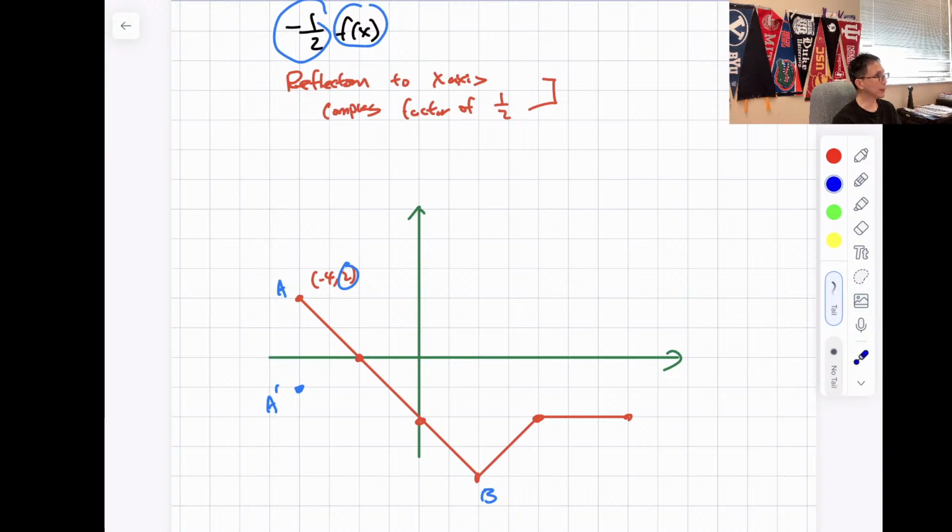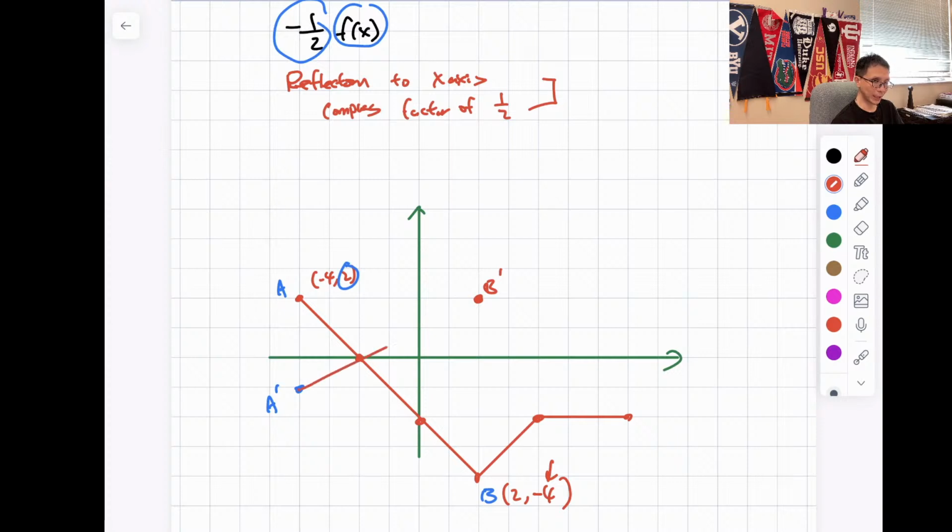Anna? 2, 2. Yep. Why? Because the x value did not change, right? And this is -4. Now, -4 is going to multiply by the multiplier. So what's -4 times -1/2? It's going to be 2. So this is going to be 2, comma 2. Does that make sense? So we're going to call that B prime.